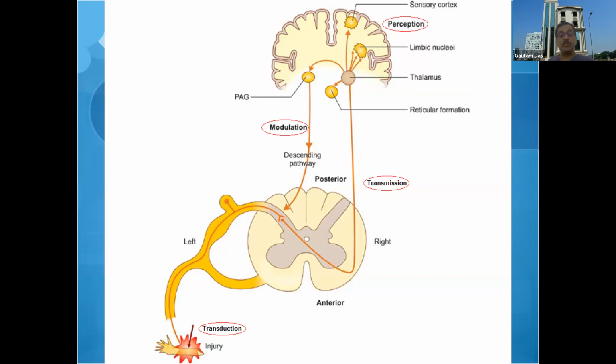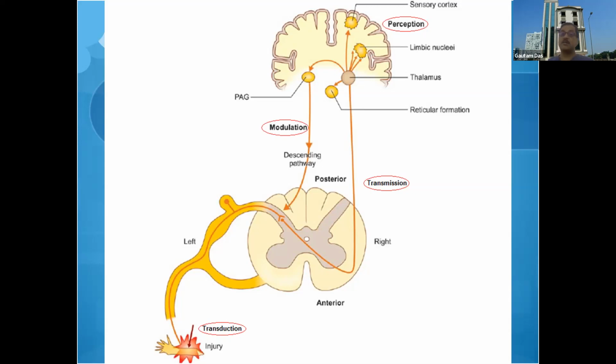Later on we'll be discussing nociceptive pain and neuropathic pain. In nociceptive pain, the role of the nociceptor is very important. The nociceptor is converting one kind of energy, particularly these 3 kinds, mechanical, thermal, and chemical, into electrical energy or action potentials. So this is your first step, transduction.